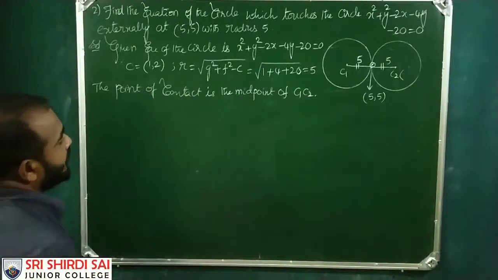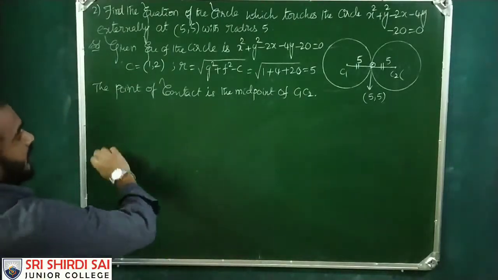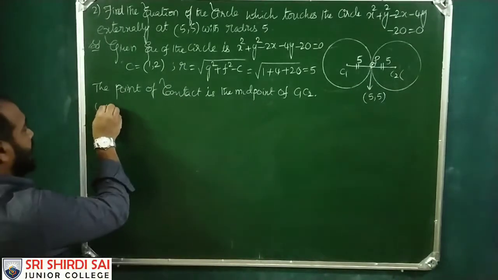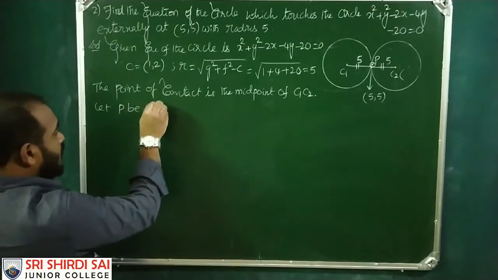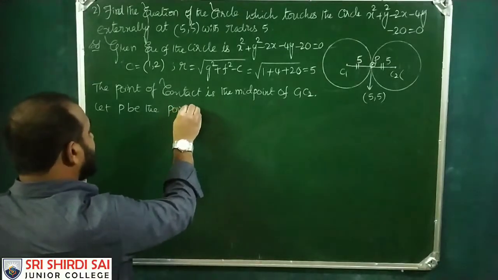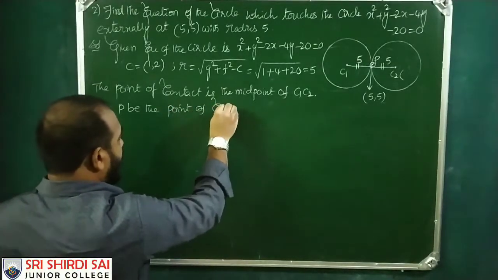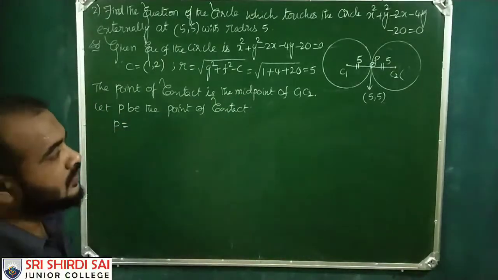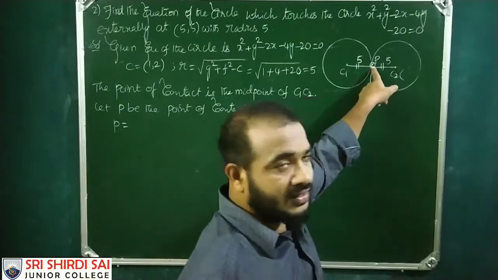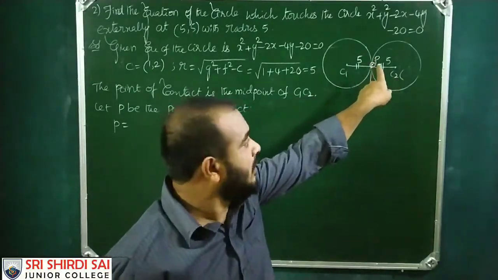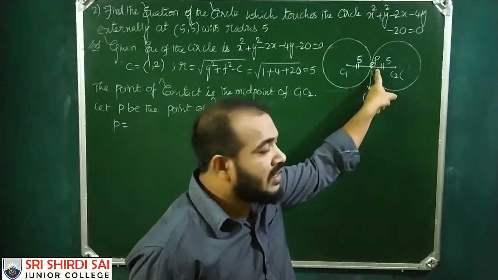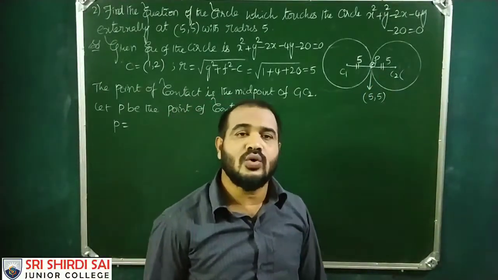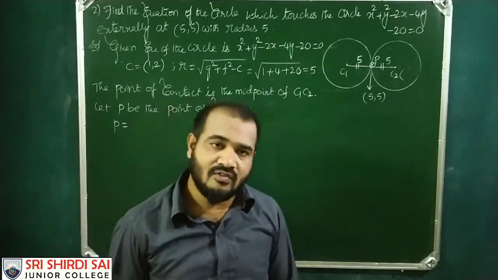So let P be the point of contact. Then P is basically the internal center of similitude: (R1x2 plus R2x1) by (R1 plus R2), (R1y2 plus R2y1) by (R1 plus R2).